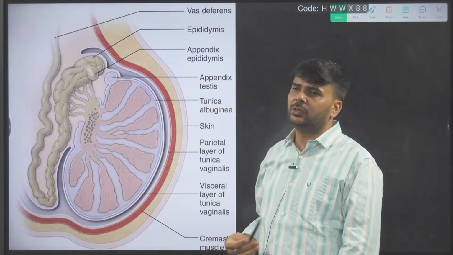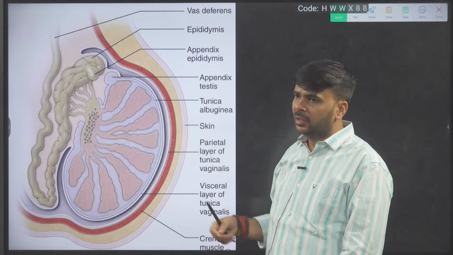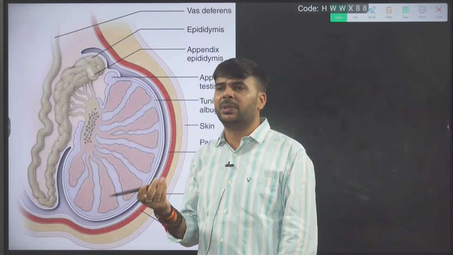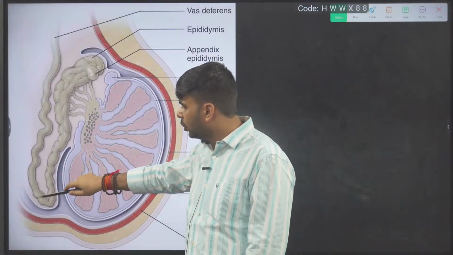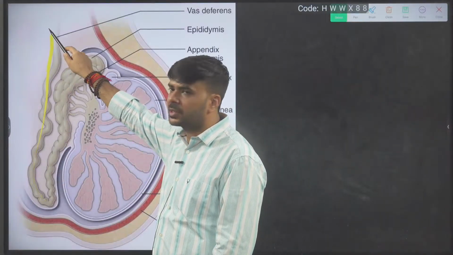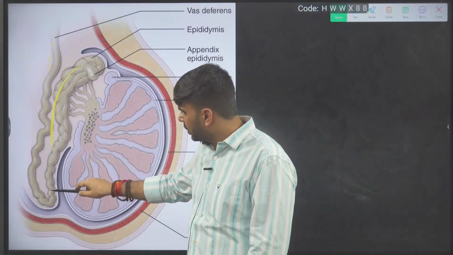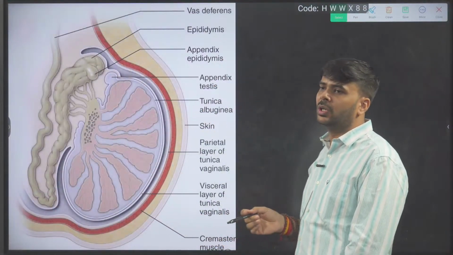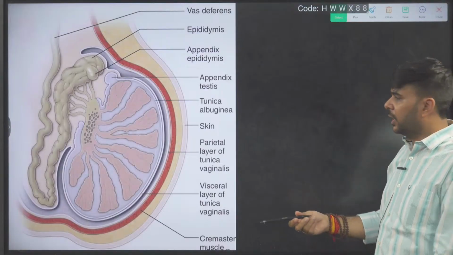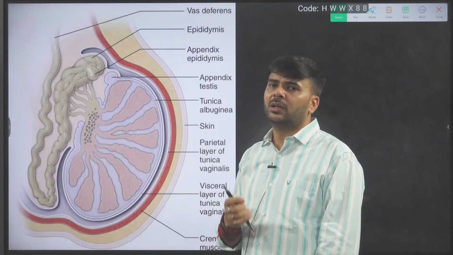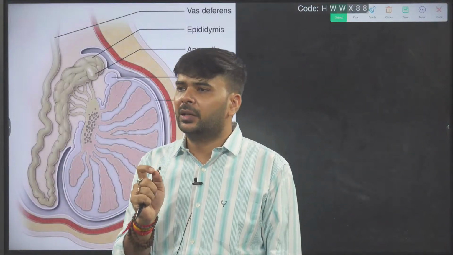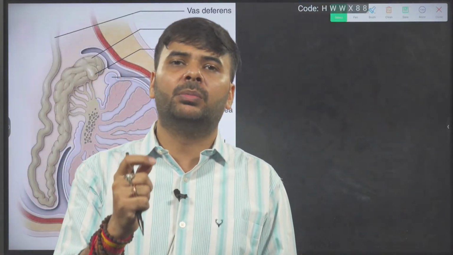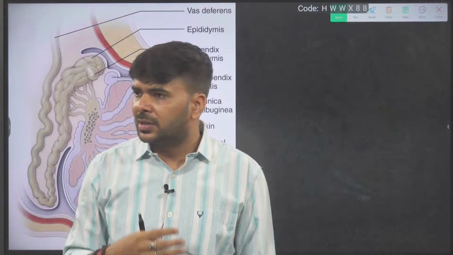When you are revising, you can watch these videos again and again and check which area I'm explaining as epididymis and which as vas deferens. So this is vas deferens, this is epididymis, and these are testicular compartments or chambers, called locules. In the testicular locules there are thread-like structures, called seminiferous tubules. You can repeat, seminiferous tubule.